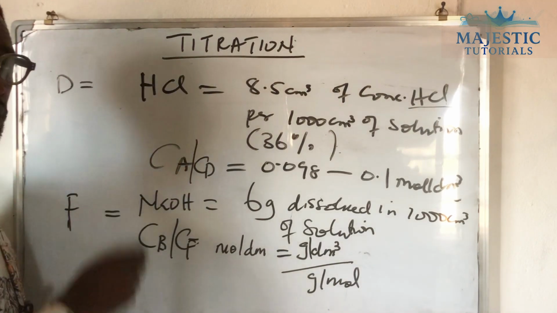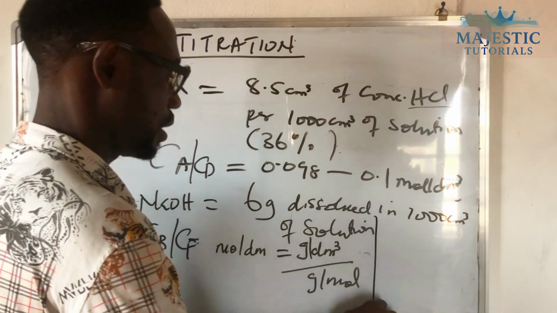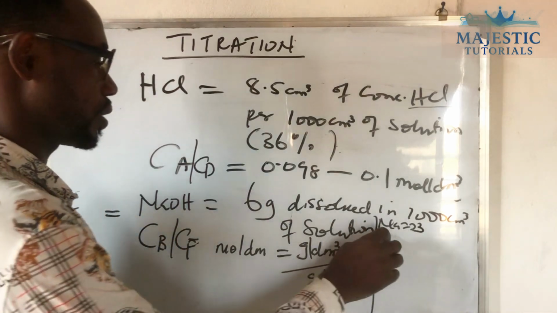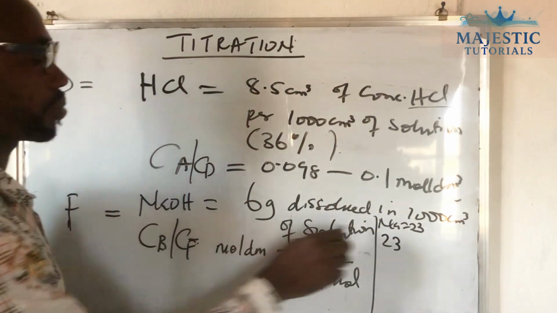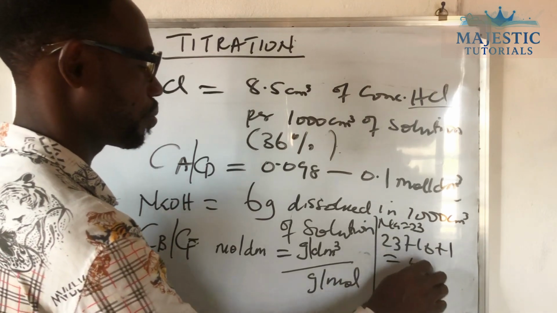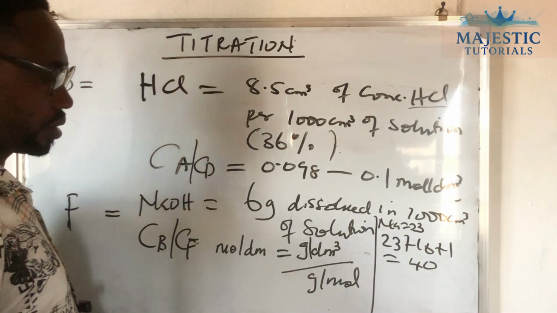And the molar mass of sodium hydroxide is 40. How do I get the 40? Sodium is 23, it will be given, plus oxygen is 16 and hydrogen is 1. If you sum this up, my dear, we get 40 gram per mole.